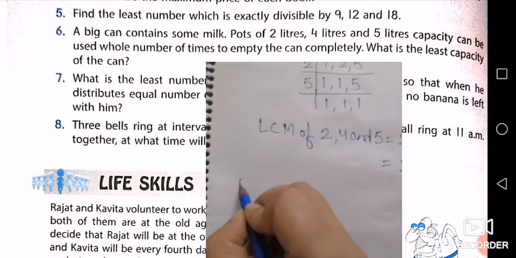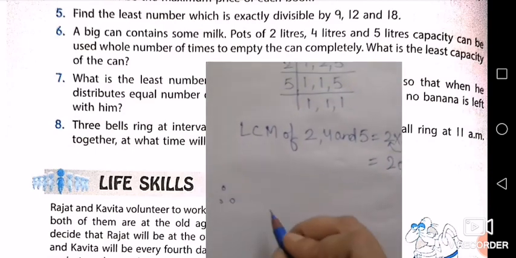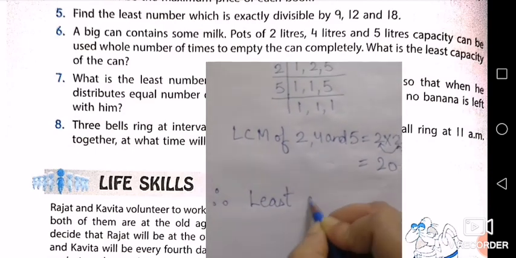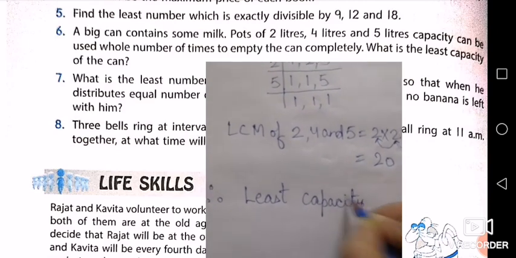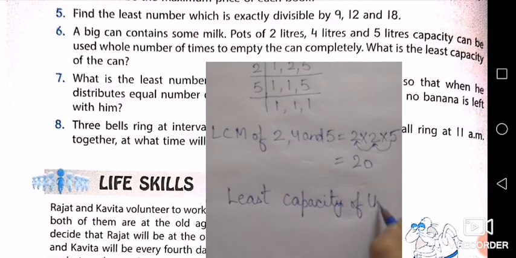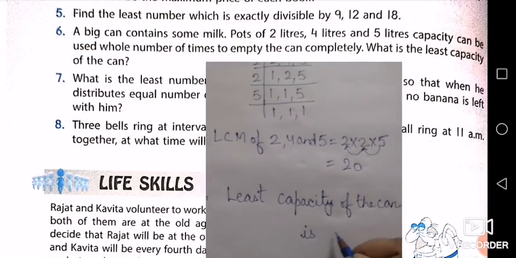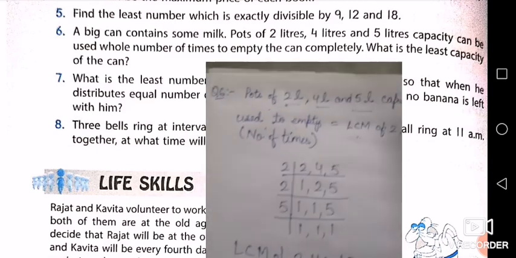Therefore, what will be the least capacity of the can? Therefore, the least capacity of the can is 20 liter.